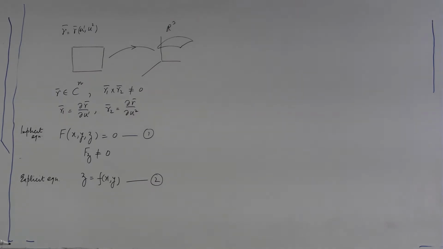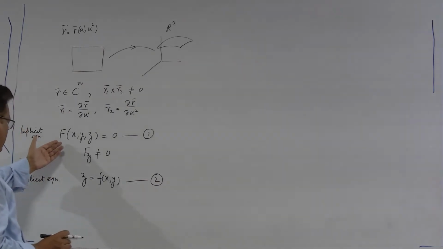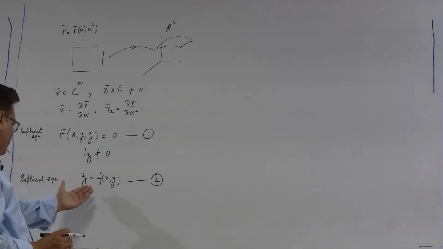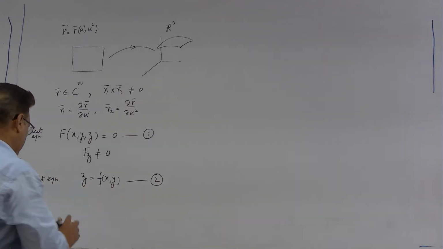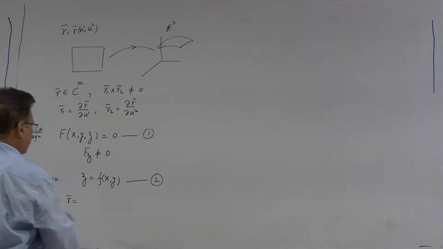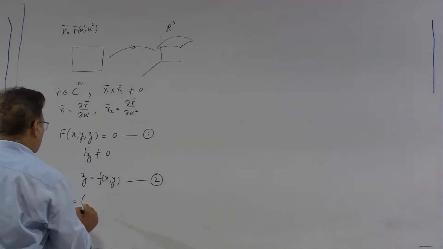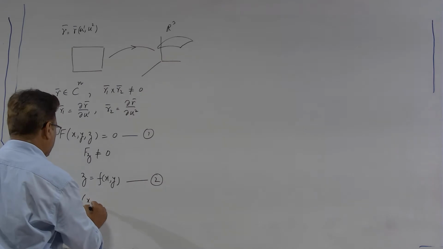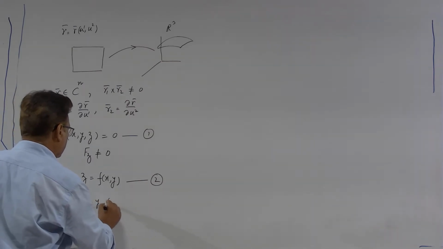So, this is what we were discussing in our last lecture, and if you want to see these surfaces in parametric form, you can see it from here. I can write down the position vector of an arbitrary point on this surface as (x, y, f(x, y)).